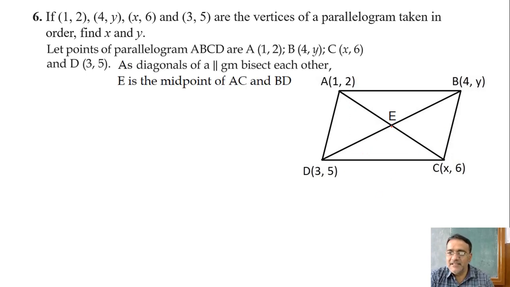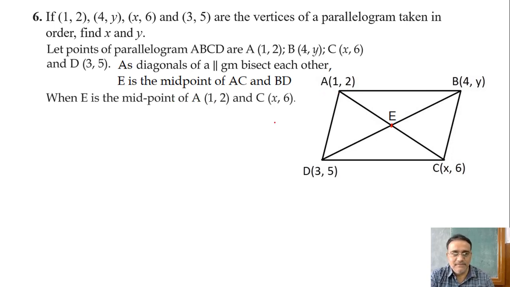So when E is the midpoint of AC, what is the coordinate of E? x plus 1 by 2 and 6 plus 2 by 2. So x plus 1 by 2 and this will become 4 by 2, 4.